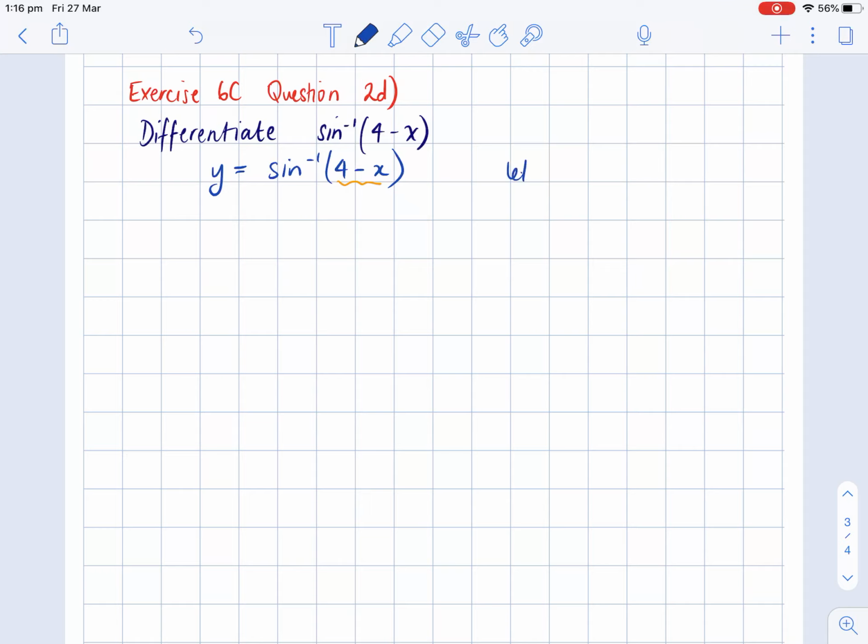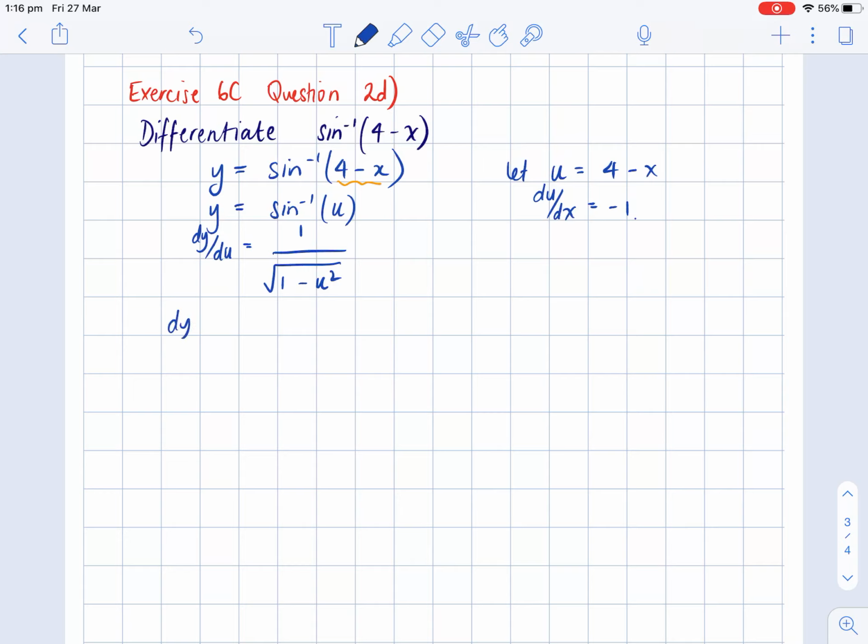So I'll start by letting u equal 4 minus x, and so du dx is equal to minus 1. And then over here I can rewrite this expression as y equals sine to the minus 1 of u, and the derivative of y with respect to u is 1 over the square root of 1 minus u squared.